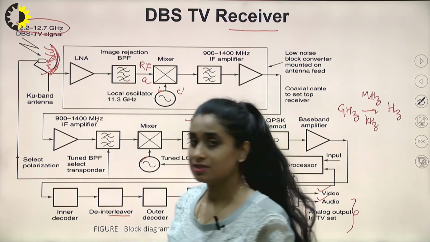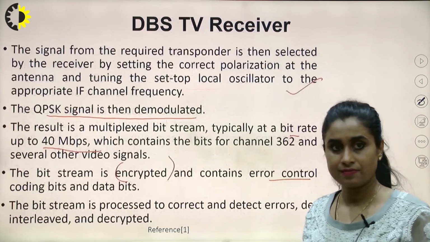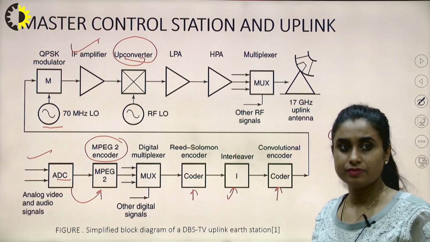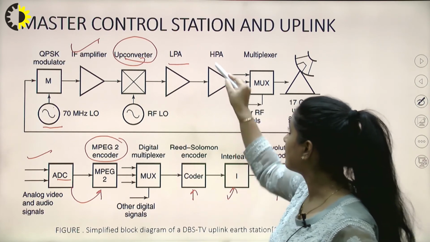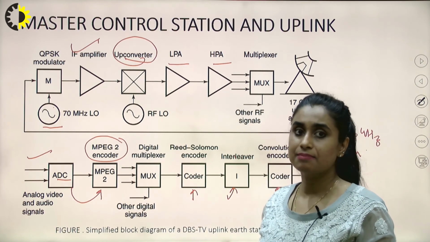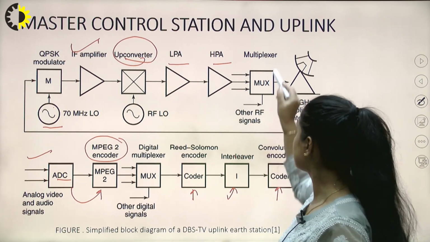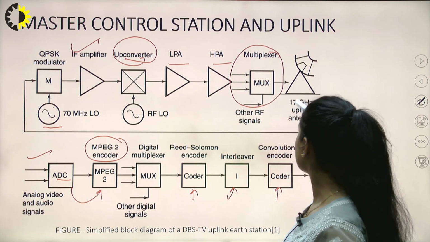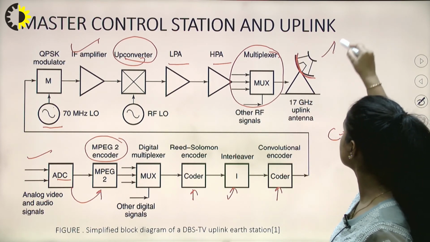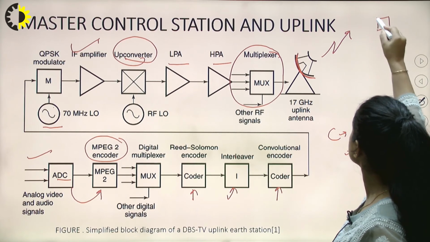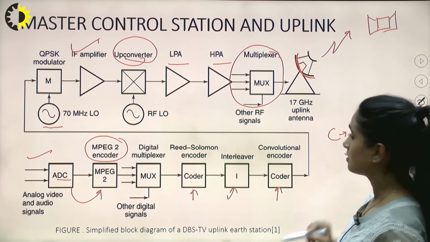In this range, communication occurs. So up conversion, then low power amplifier and high power amplifier have their role in amplifying the signal. And finally, after multiplexing, we transmit that signal through the earth station to the satellite.